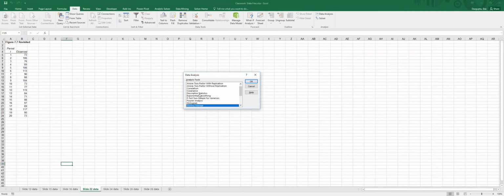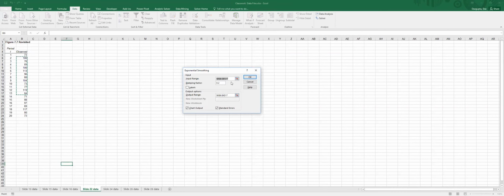And I will go to exponential smoothing, okay, and it says input range. I'm taking, let's say, these. Damping factor, put 0.2. Output options, output range, I could put it here.